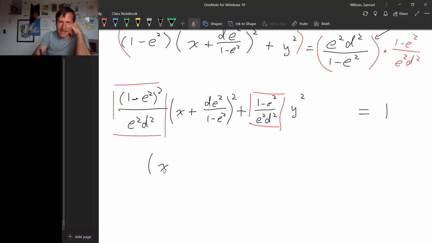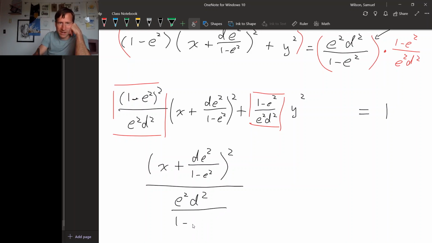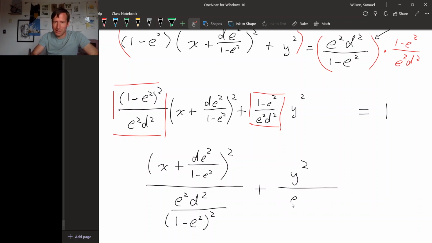So we get x plus de squared over 1 minus e squared, squared over e squared d squared over 1 minus e squared, squared, plus y squared over e squared d squared over 1 minus e squared equals 1.